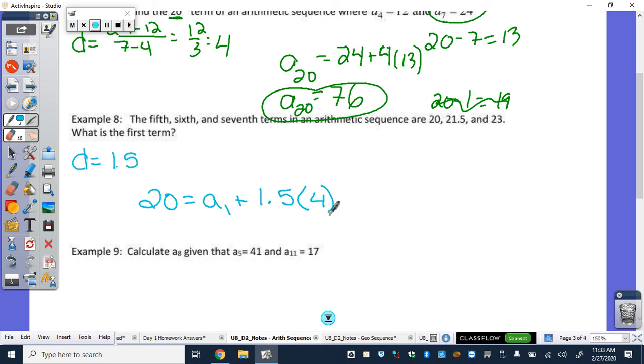And then it's going to be times 4 because it was n minus 1. N was a 5 since I used my fifth term. So 5 minus 1 gives me 4. So let's see here. 1.5 times 4 is a 6. Subtract my 6 over. Our first term was 14.